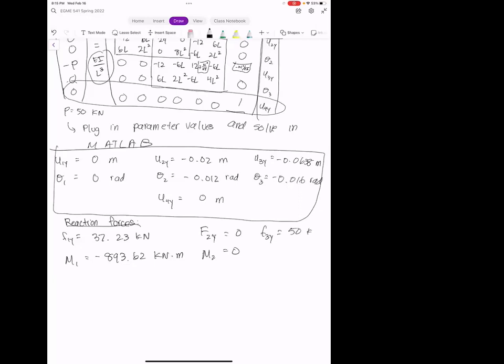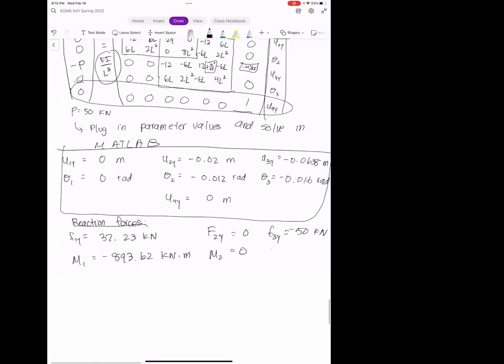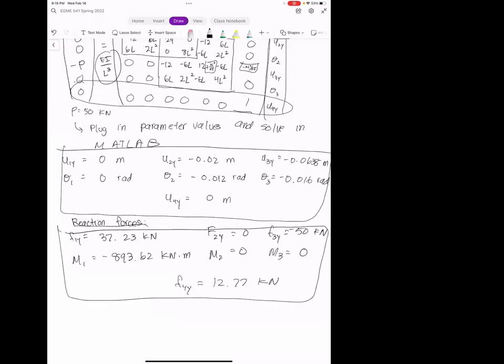F3y is minus 50 kilonewtons because that's where we are applying our load. M3 is equal to 0. And then finally, F4y is a positive 12.77 kilonewtons. So node 4, which is attached to the bottom of the spring, is applying an upward force to establish static equilibrium.